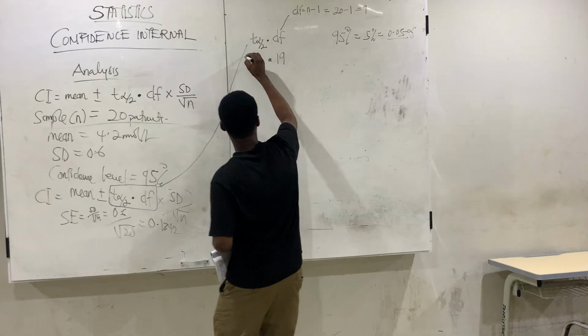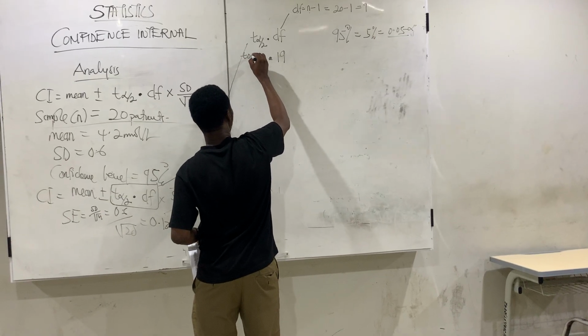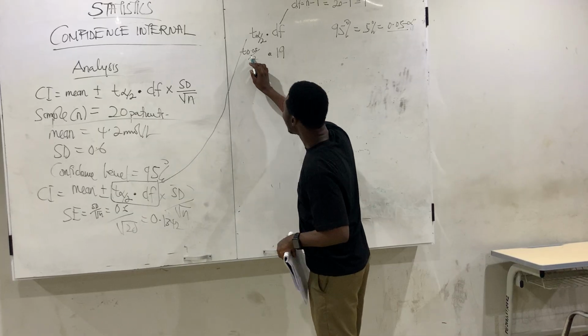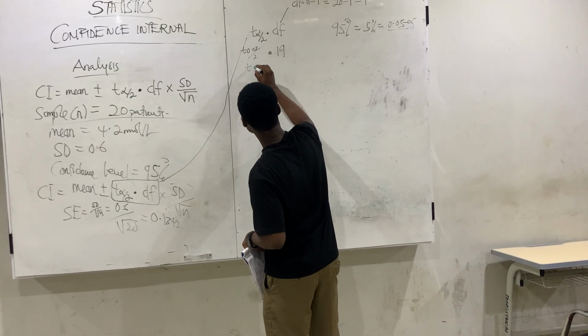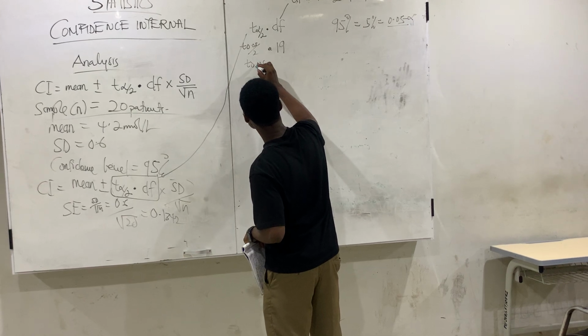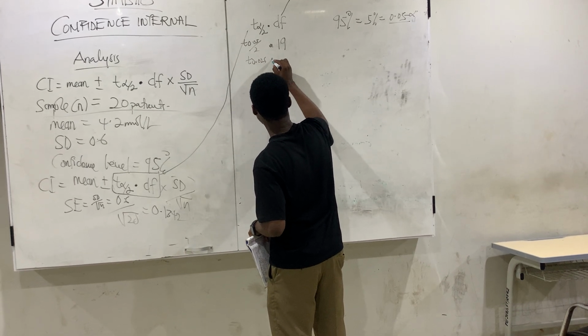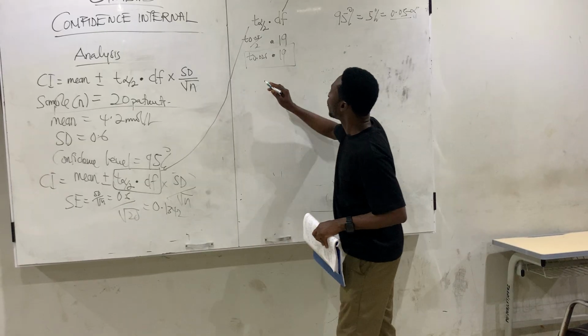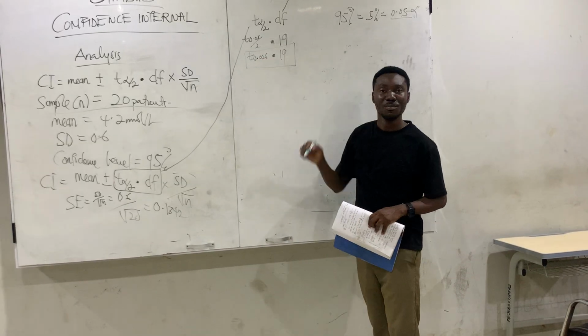So it will become like this: t 0.05 over 2, and 0.05 over 2 is also equal to t 0.025 by 19. Now when you get this, you quickly take this to the t distribution table.